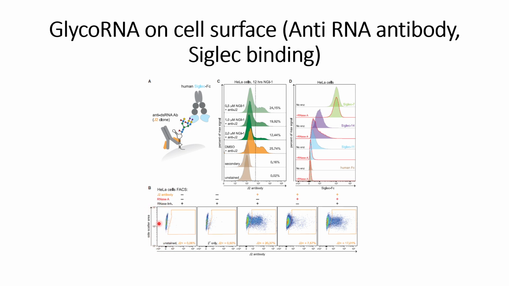For the unstained, there is no signal in the J2 site. However, when they add the RNase inhibitor, they can see some signal, that is 0.5%.